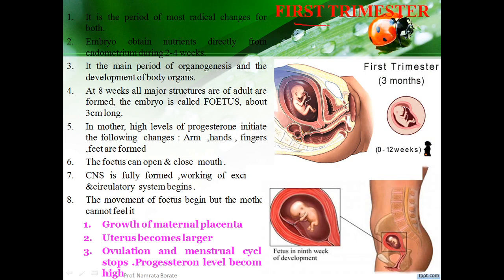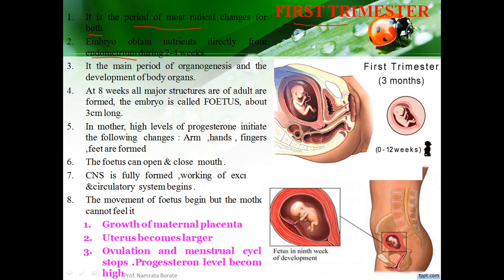In the first trimester, it is the period of most radical changes in the mother and embryo. The embryo receives nutrients in the first 2 to 4 weeks directly from the endometrium.